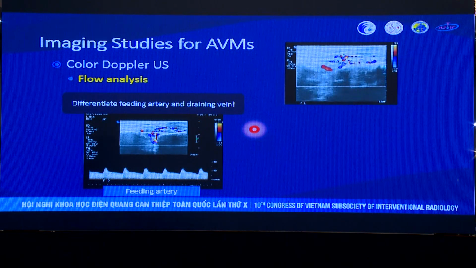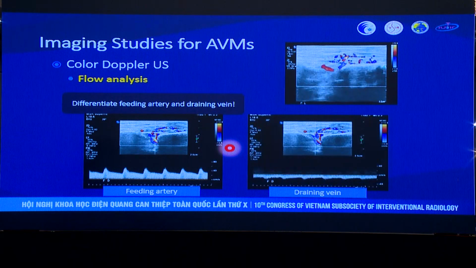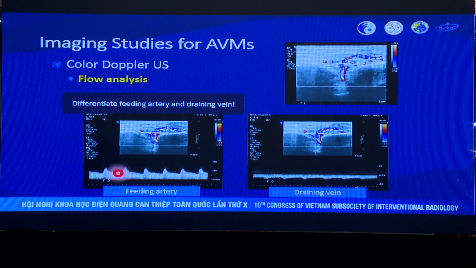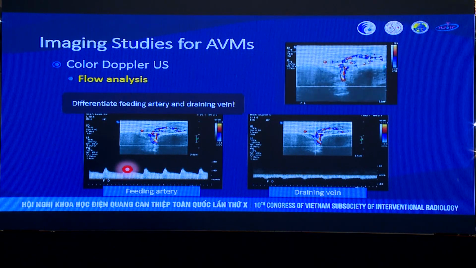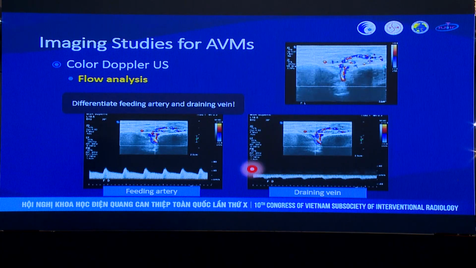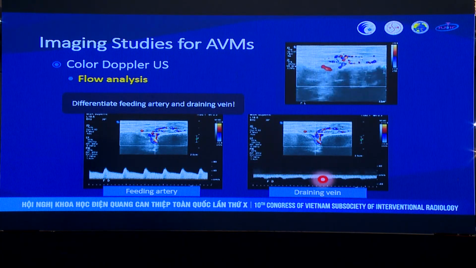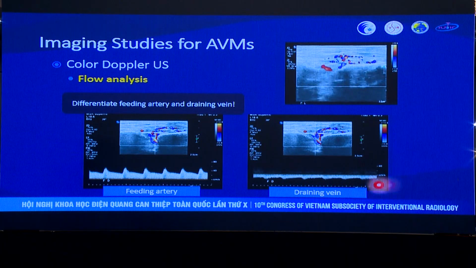And we can differentiate which one is the feeding artery and which is the draining vein. Using the Doppler ultrasound, we can see the higher peak systolic velocity of the feeding artery, and this is the draining vein, with more damped flow and lower peak systolic velocity.